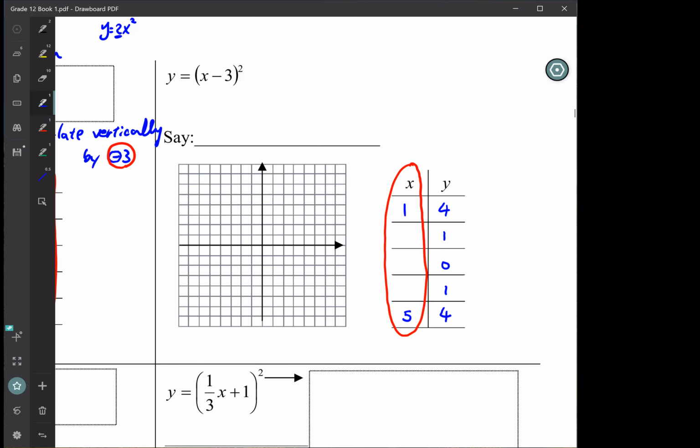Oh, Kelly got cut off. Okay, Trudy, how about you? What number of x we plug in, it will give you a y of 1? 2. 2 minus 3 is -1. Square is 1. Yeah, 2 will work.